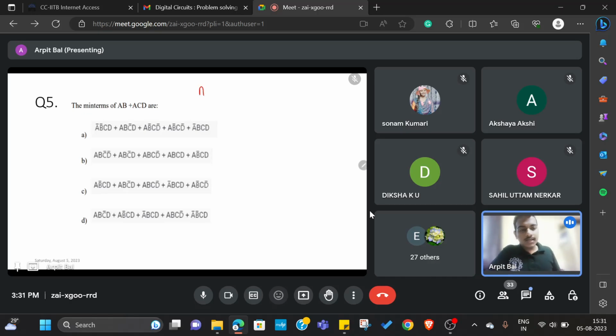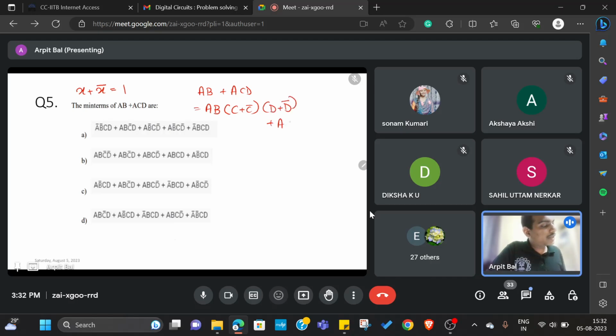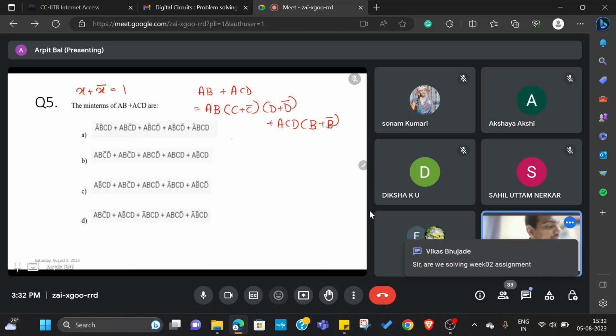Let us use a property in Boolean algebra that says x plus x bar is equal to 1. So we have AB plus ACD, which equals AB into (C plus C bar) into (D plus D bar) plus ACD into (B plus B bar).